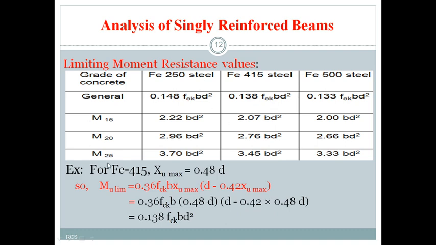I have chosen a particular grade of steel, that is Fe415, and as you know, for Fe415 the maximum depth of neutral axis is 0.48 d. If you want to calculate the ultimate moment of resistance, or limiting moment of resistance, or maximum moment of resistance, that is 0.36 fck b xu max (d minus 0.42 xu max), with respect to the concrete I am talking.